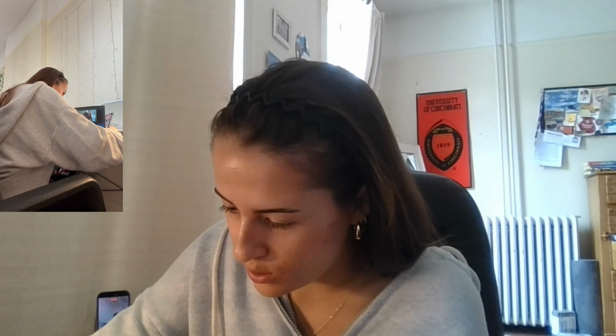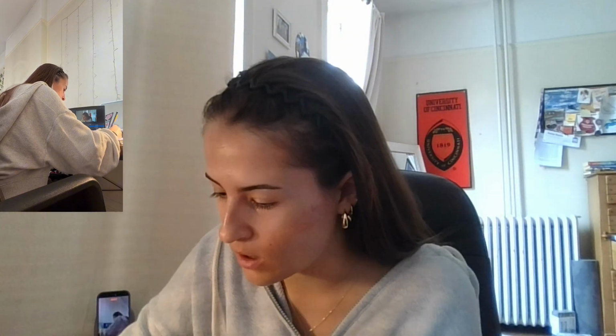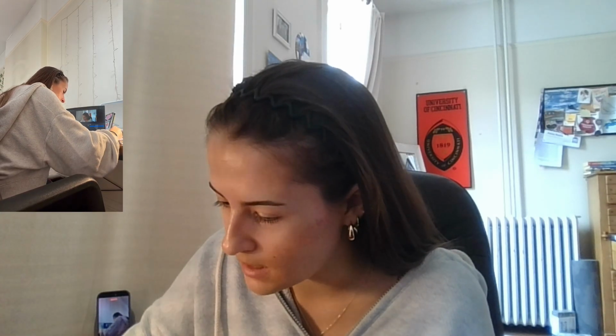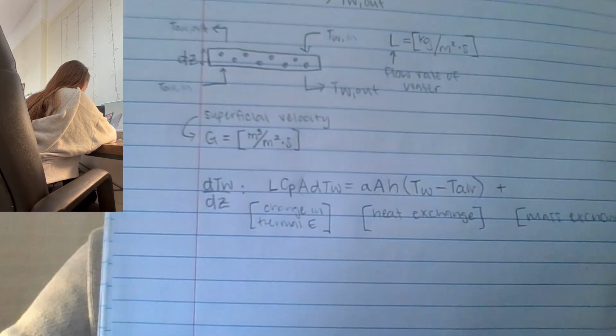Then we add our H, which, as we recall, is our conductive heat coefficient. Then we look at our change in temperature, so that'll be the temperature of the water minus the temperature of the air. This is our total heat exchange component.